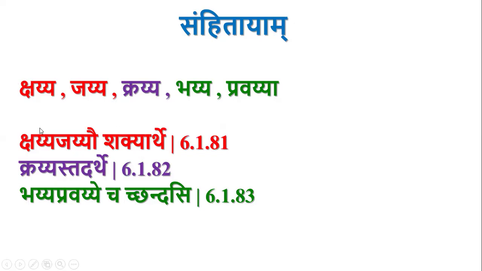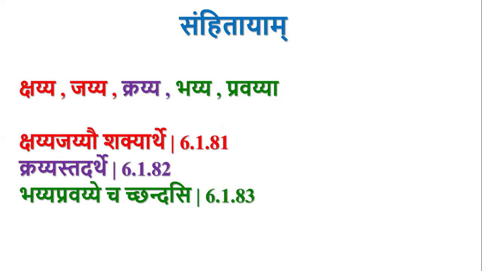He is just telling that kshaya and jaya are two words that are there in the language. We have to use them in the sense of shakyartha. He is not telling here that for kshaya and jaya there will be ayadesha. He is giving the words ready-made.